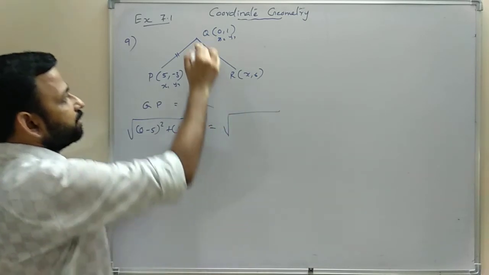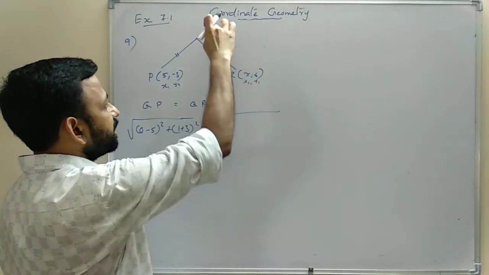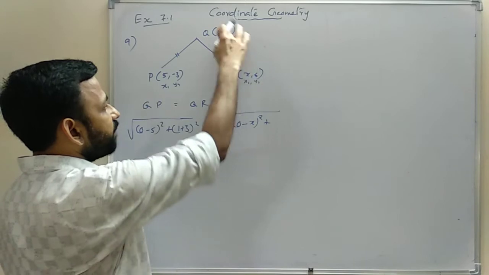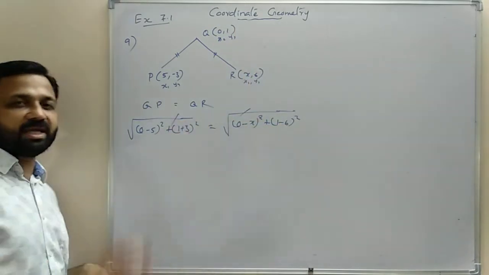Then the square root of QR, we can take it as x1 y1, x2 y2, x2 minus x1 whole square, 0 minus x whole square, plus 1 minus 6 all square. Radical on both the sides cancelled.